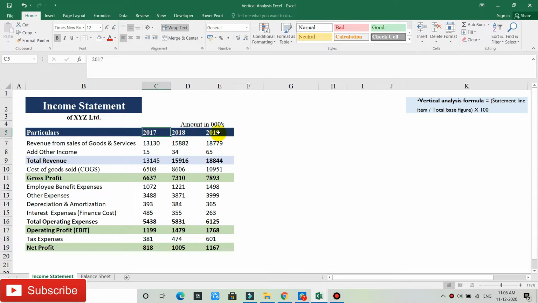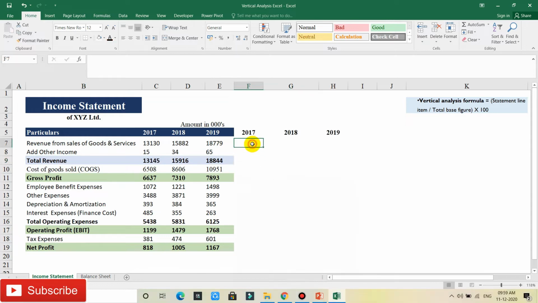As we discussed, in vertical analysis we need to convert every line item in terms of percentage. To convert it, you can see the formula here: statement line item upon base figure into 100. In the income statement we take the base figure as total revenues. Let me show you what I have done here.